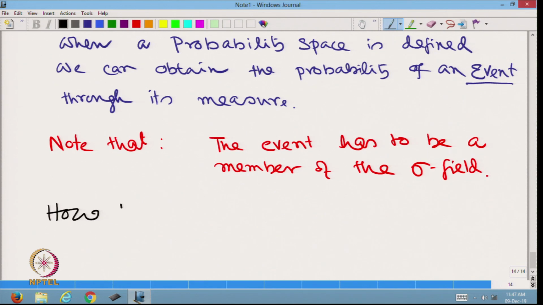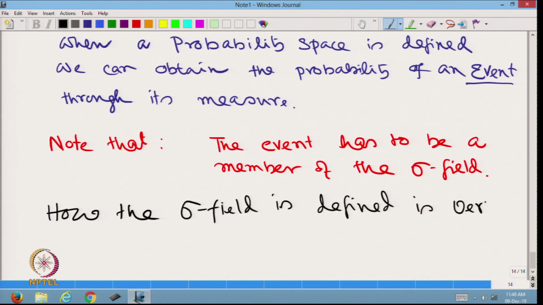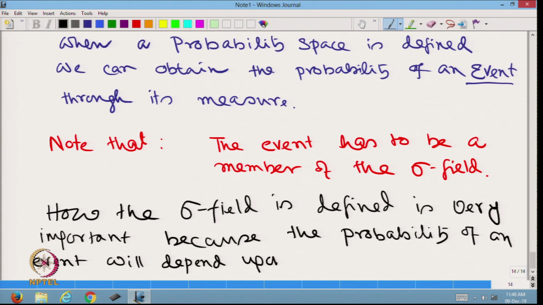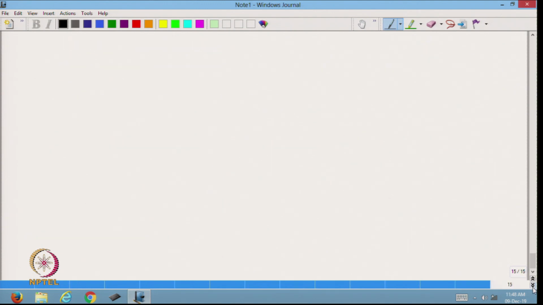Now, how the sigma field is defined is very important, because the probability of an event will depend upon the sigma field S. Let me give an example.